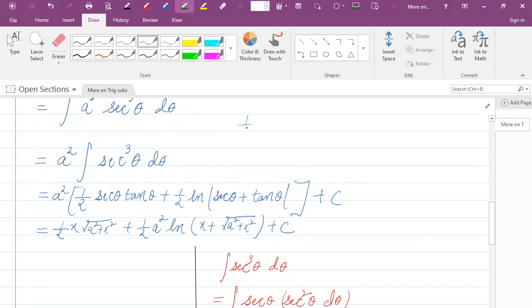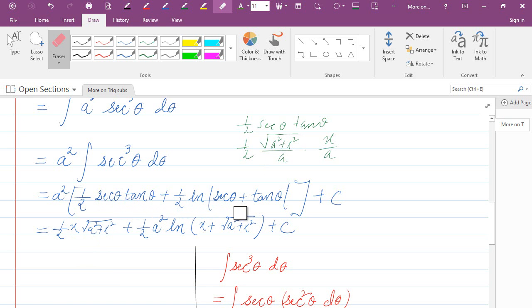So half secant theta tangent theta, and here I am plugging in root of a squared plus x squared over a. Tangent is x over a, right? So notice that I have a squared in the denominator, so when I multiply by the a squared, the a's in the denominator will go away. So that's why I'm getting only half x root of a squared plus x squared for the first term.